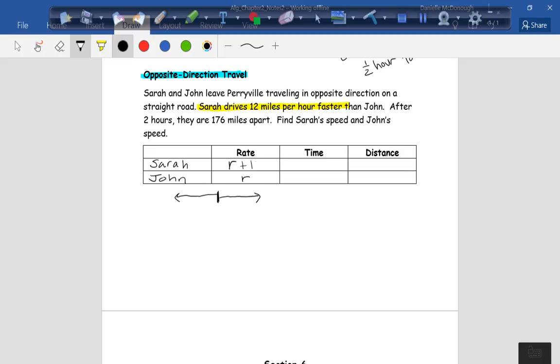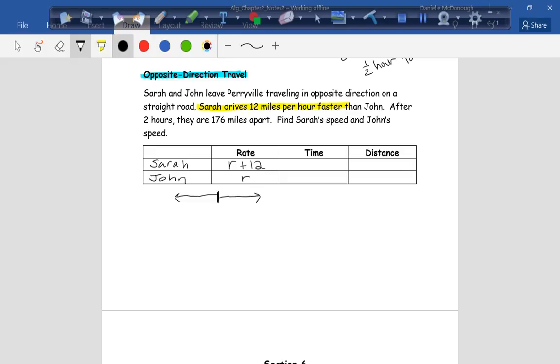So it would be R plus 12. Now let's just say if I started by giving Sarah R, that's okay too. If I gave Sarah R, John would have to be R minus 12 because he's driving slower. But I didn't do it that way. But if you would have done it that way, you would have gotten the same answer.